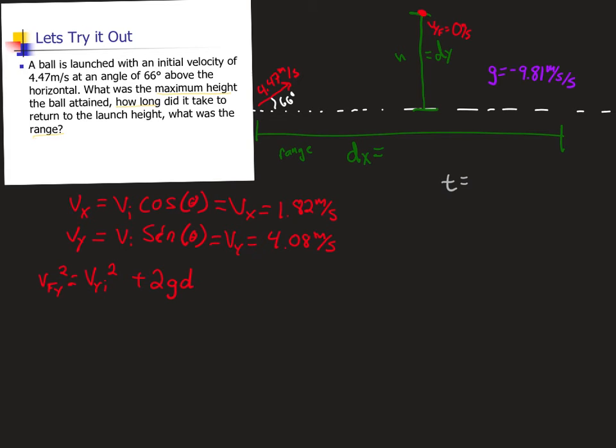Technically, it's change in distance, and more specifically, we'll say change in distance in the y. We know the velocity is going to be 0. We just solved for our initial velocity.